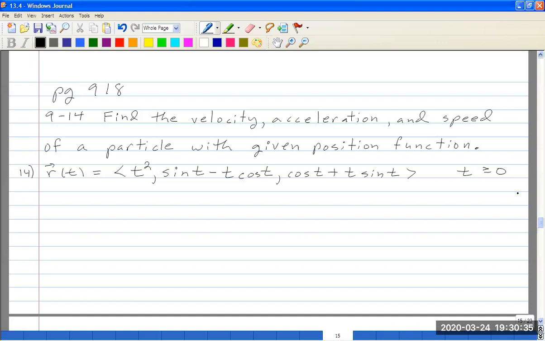Okay, so let's take the first derivative, and then the second derivative to find the velocity and acceleration. So let's take the first derivative. Derivative of t squared is 2t. Derivative of sine is cosine.